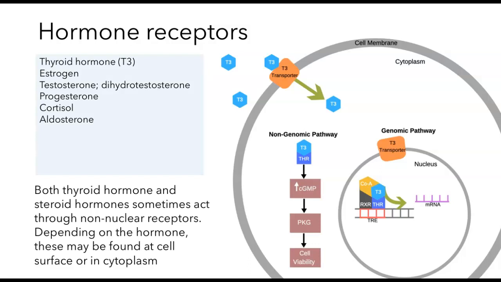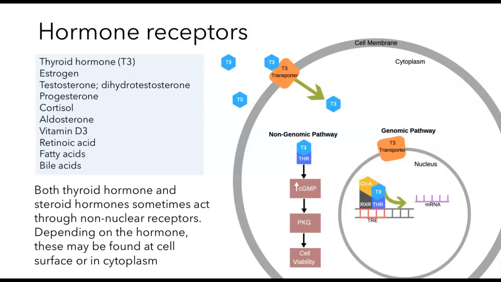Well, thyroid hormone and all the steroid hormones: estrogen, testosterone, progesterone, cortisol, aldosterone. But in addition to these hormones, this is also how vitamin D3 and retinoic acid work, and how fatty acids and bile acids can also affect metabolism.